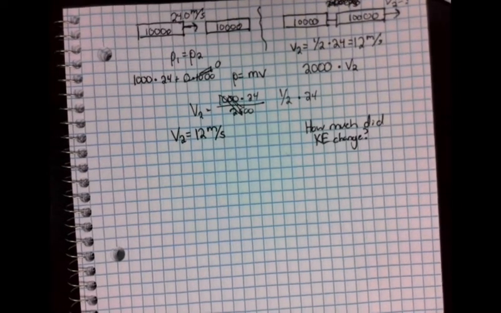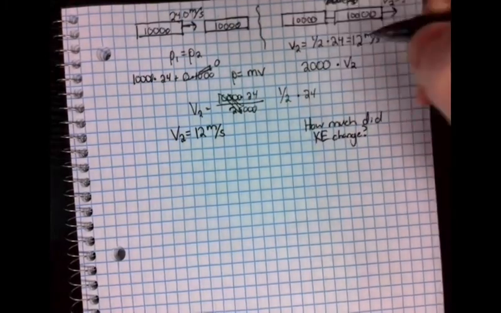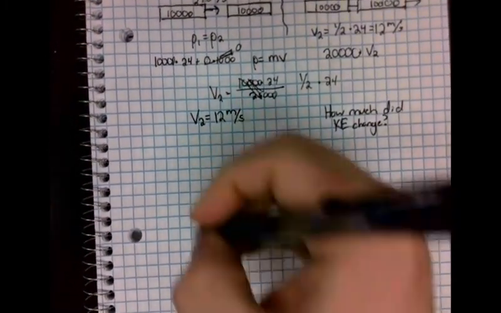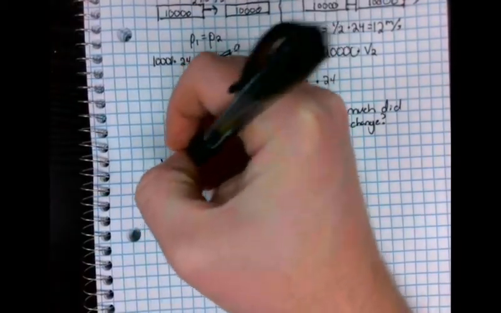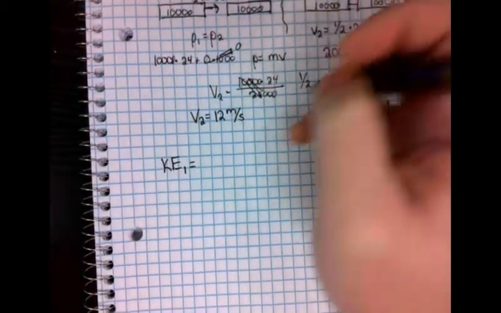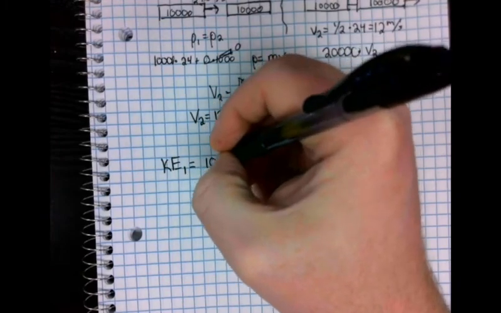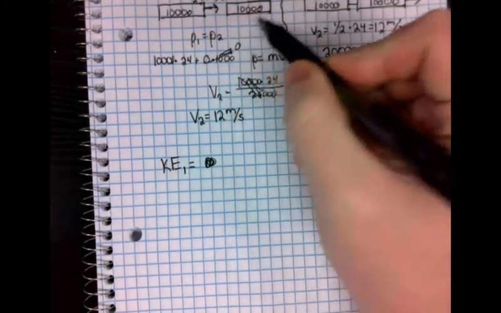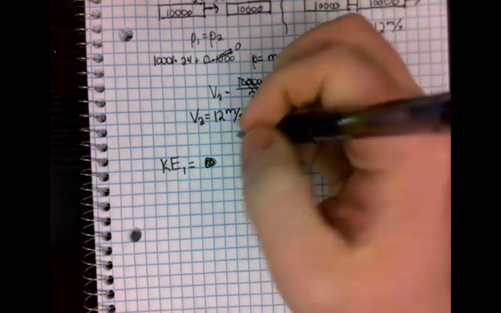In our first part, I also forgot these are 10,000s. It's going to make me have to do my math correctly later. So let's look at the KE that we have at position 1. First we have the 10,000 one that's at rest. We're going to ignore that, since it's not contributing to the kinetic energy.